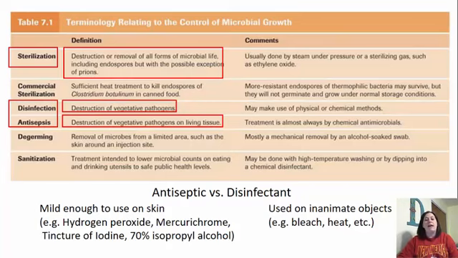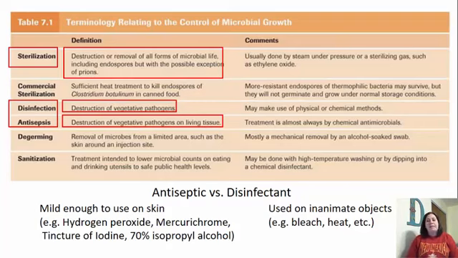We also have antisepsis. This is destruction of vegetative pathogens, but this is going to be used on living tissue. All right, so there is a difference between a disinfectant versus an antiseptic. So an antiseptic, guys, is mild enough to be able to be used on your skin. Some examples are hydrogen peroxide, mercurochrome, tincture of iodine, and 70% isopropanol alcohol.